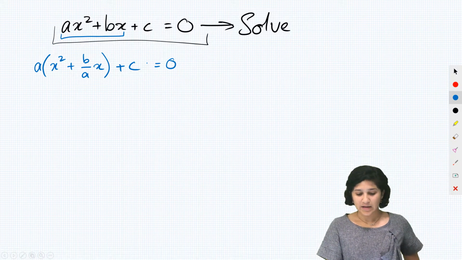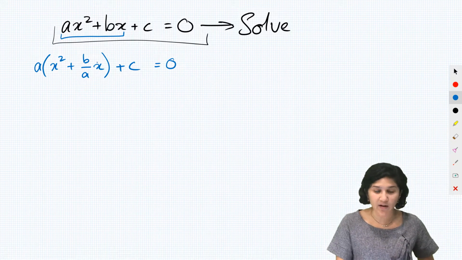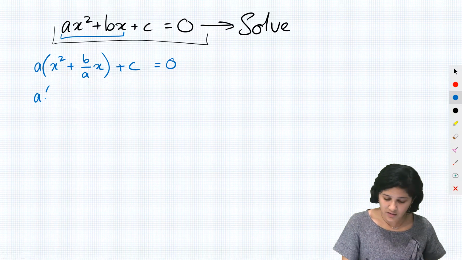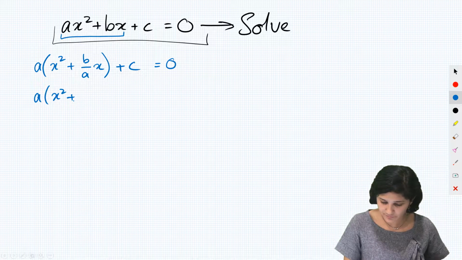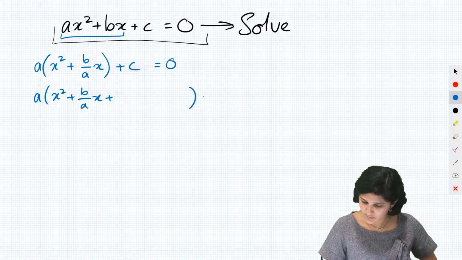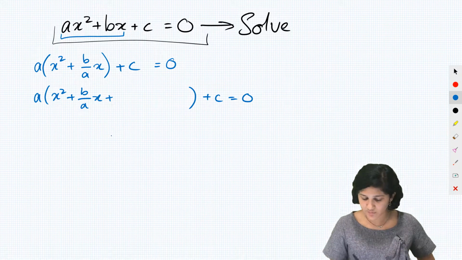Okay. Next, now I've got this part which I can complete the square on. So I'll just make some space for myself here. Plus c equals 0.